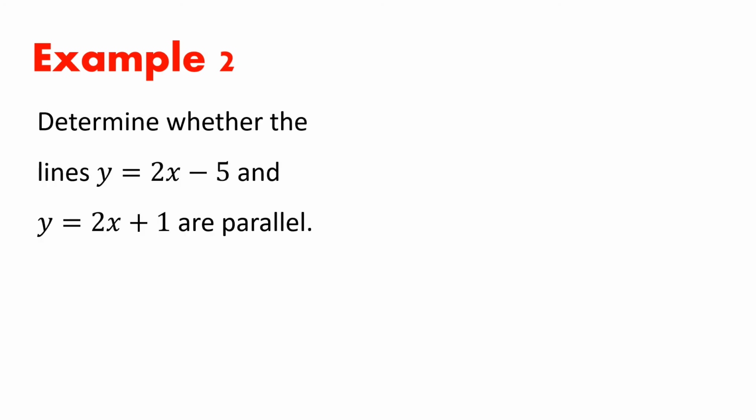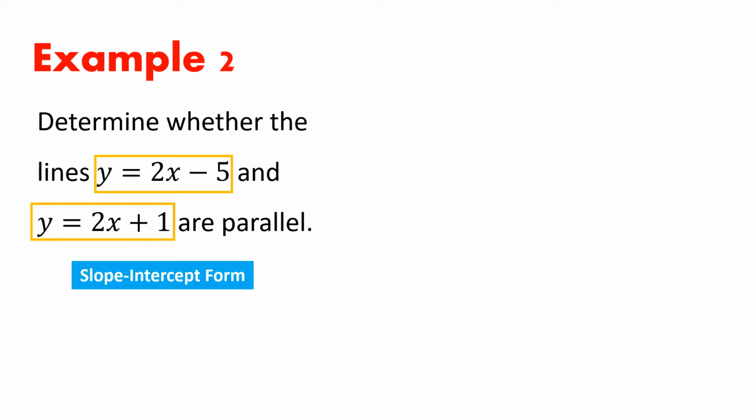In example 2, we are asked to determine whether the lines y equals 2x minus 5 and y equals 2x plus 1 are parallel. Both equations are in slope-intercept form. Notice how both lines have a slope of 2.